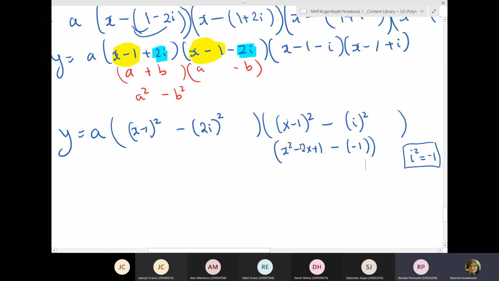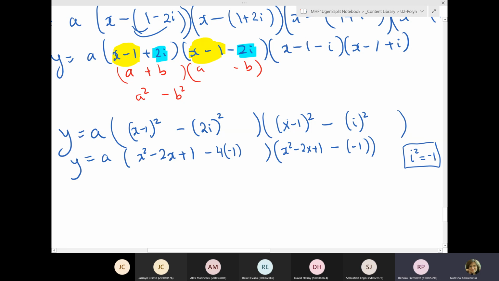No, it's fine. All right, let's do the same thing here. Renuka, you tell me. So it would be x squared minus 2x plus 1 minus 2 times 2, which is 4, and then it would be -1 inside.